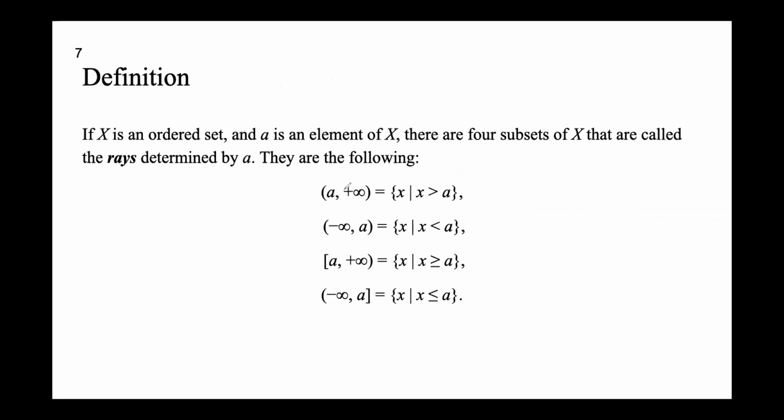So the topology it generates is contained in the topology generated by the basis of X, by definition. But if we want to prove the other inclusion, we have that every basis element for the order topology equals a finite intersection of open rays.